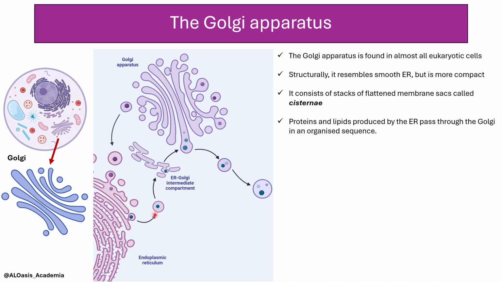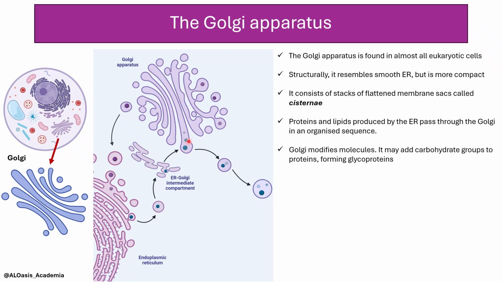What happens is that we have these small vesicles. They will come off the endoplasmic reticulum with, for example, proteins inside them, and then they will fuse with the Golgi apparatus. Once they are inside the Golgi apparatus, the Golgi modifies these molecules.